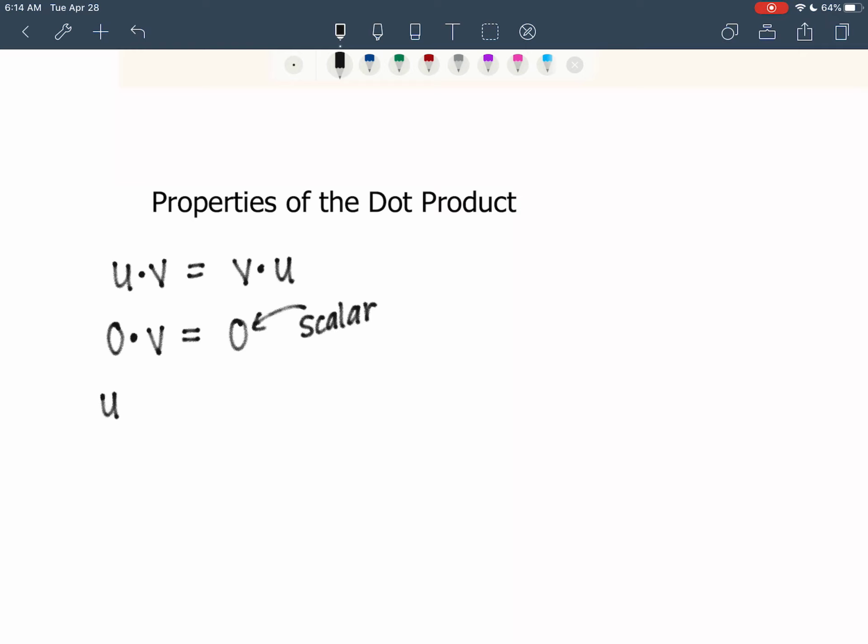If I have u dot (v plus w), that is indeed the same as u dot v plus u dot w. So it has some very similar properties of multiplication because in essence it involves multiplication.